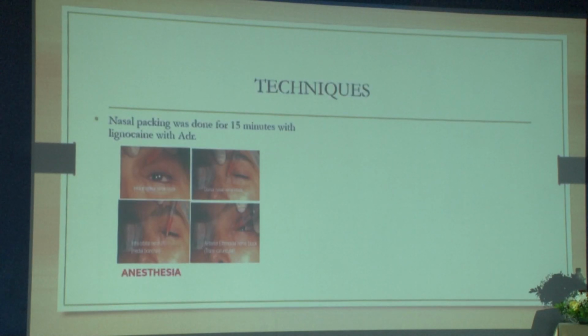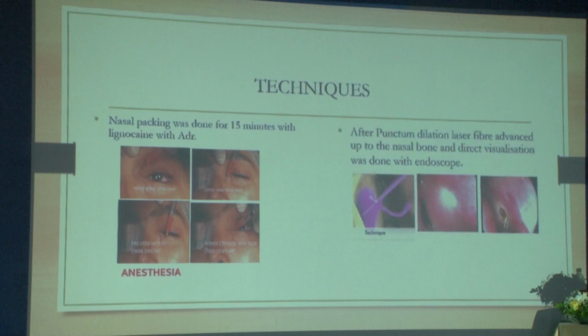For proper anesthesia, we should block at least four nerves: the infraorbital nerve, anterior ethmoidal nerve, infratrochlear nerve, and dorsal nasal nerve. Then, after proper dilatation of the punctum, we should use the upper punctum, because we should not disturb the lower punctum for DCR, any kind of probing or dilatation.